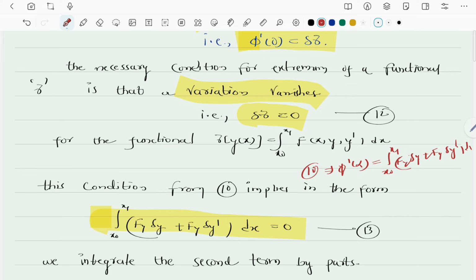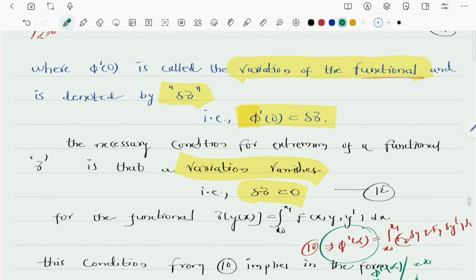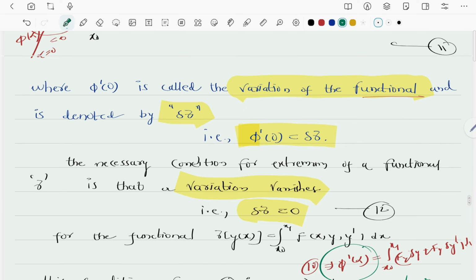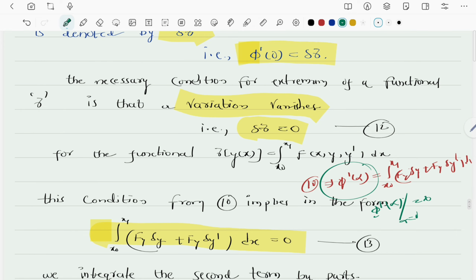Here we know that pi dash of alpha at alpha is equal to 0, and we also know that the variation of the functional takes the place of pi dash of alpha, that is pi dash of alpha is equal to delta gamma, introducing the variation concept.